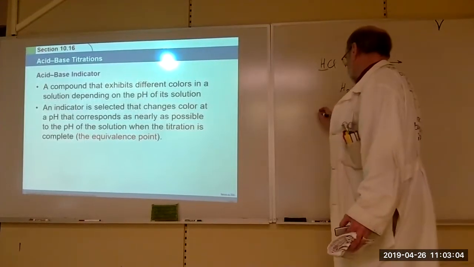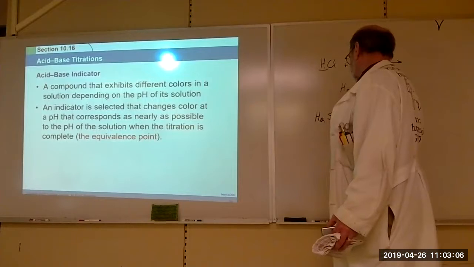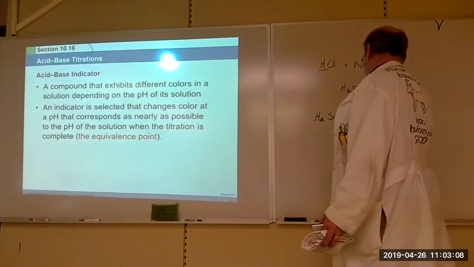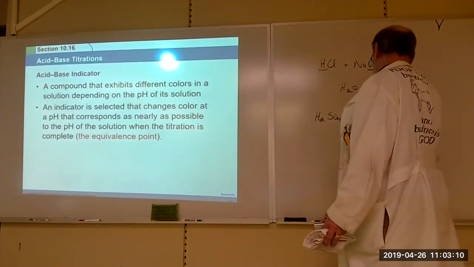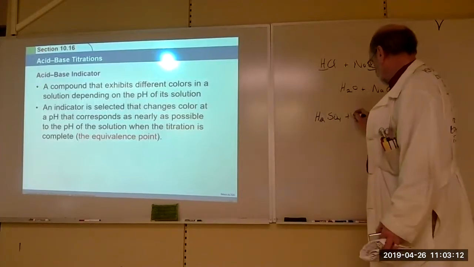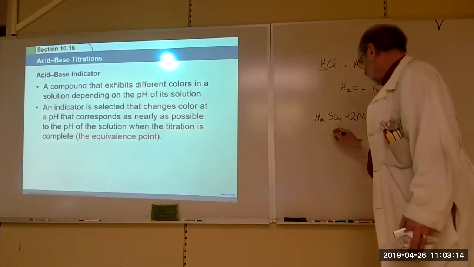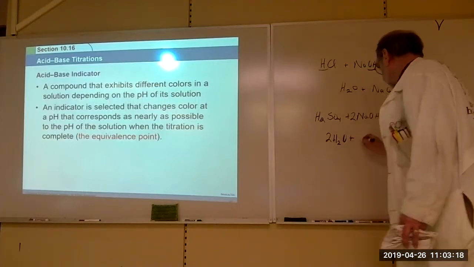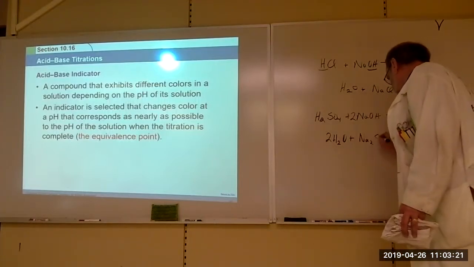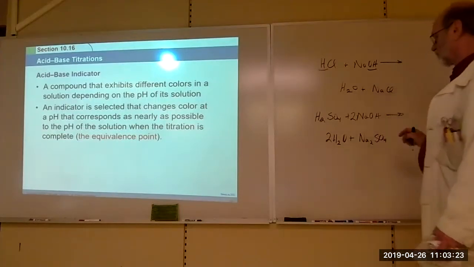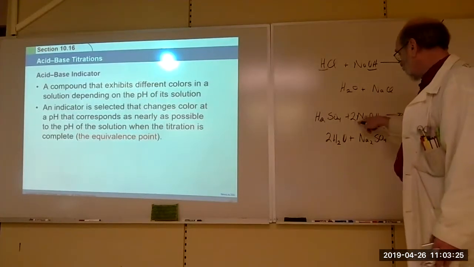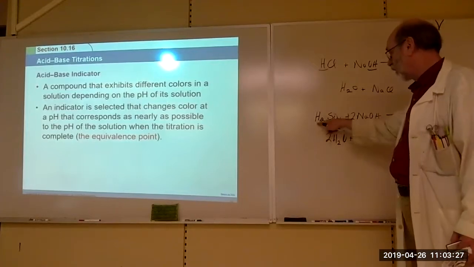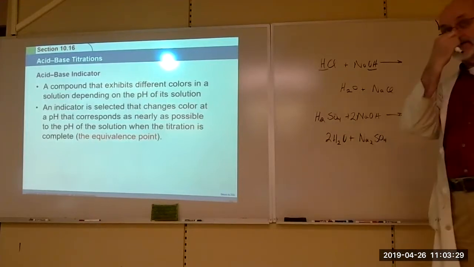But if we were to titrate sulfuric acid against sodium hydroxide, we need 2 of these. And then we have 2 waters plus the salt there. So in this case, it would take 2 moles of sodium hydroxide for every 1 mole of sulfuric acid.